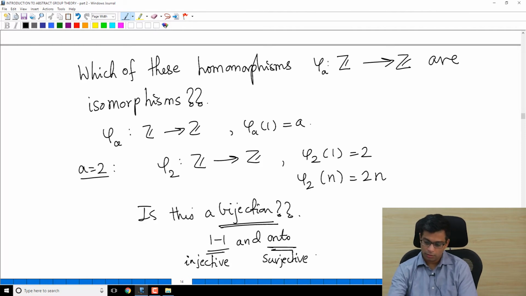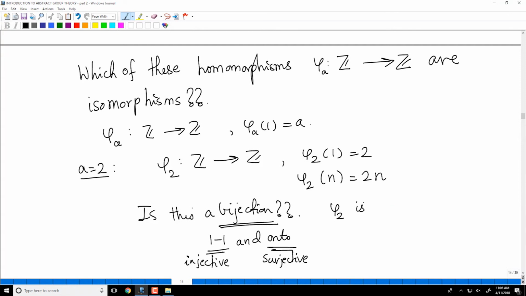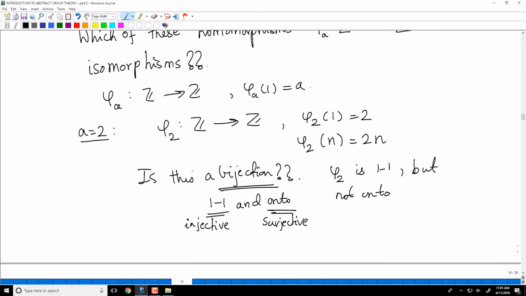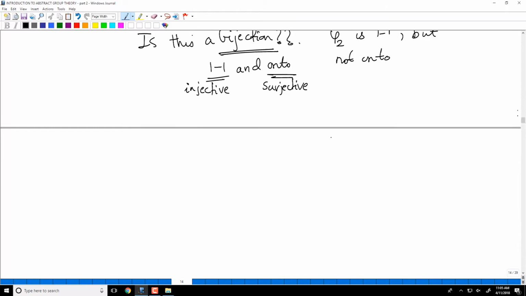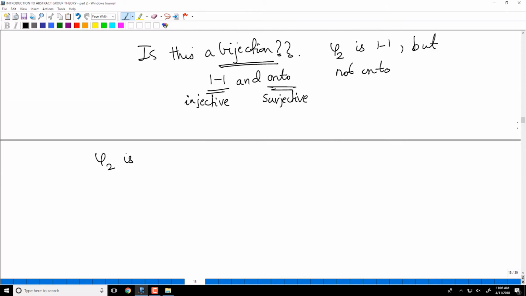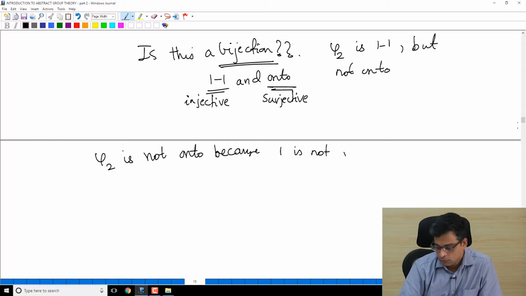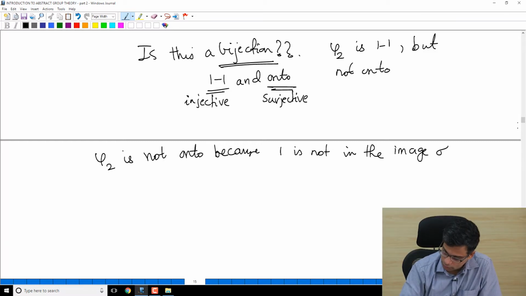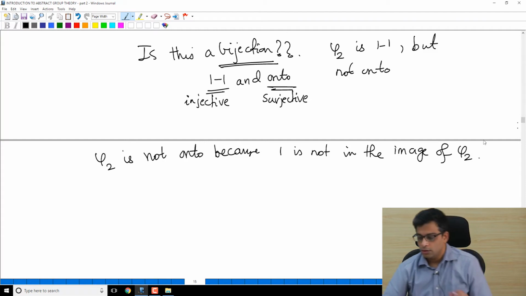Is it one-to-one? It is one-to-one but not onto. It's not onto because 1 is not in the image of phi 2, clearly, right?